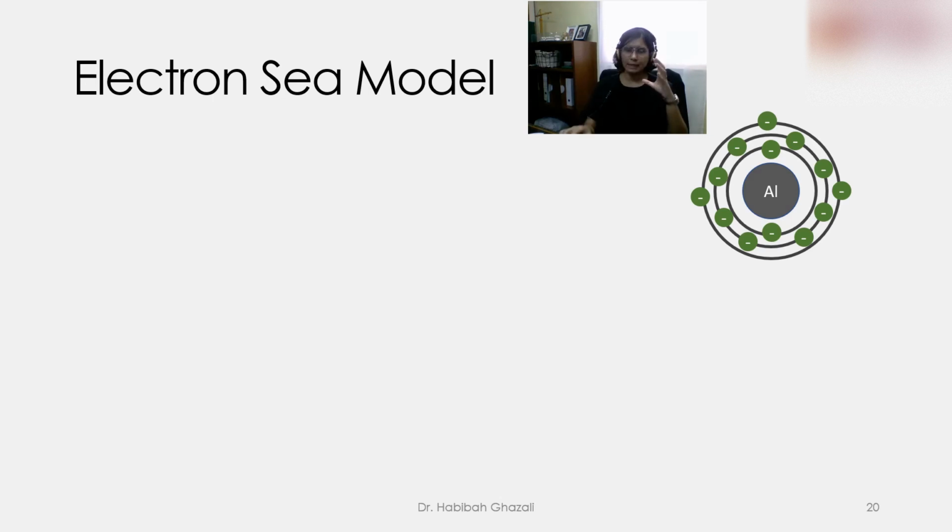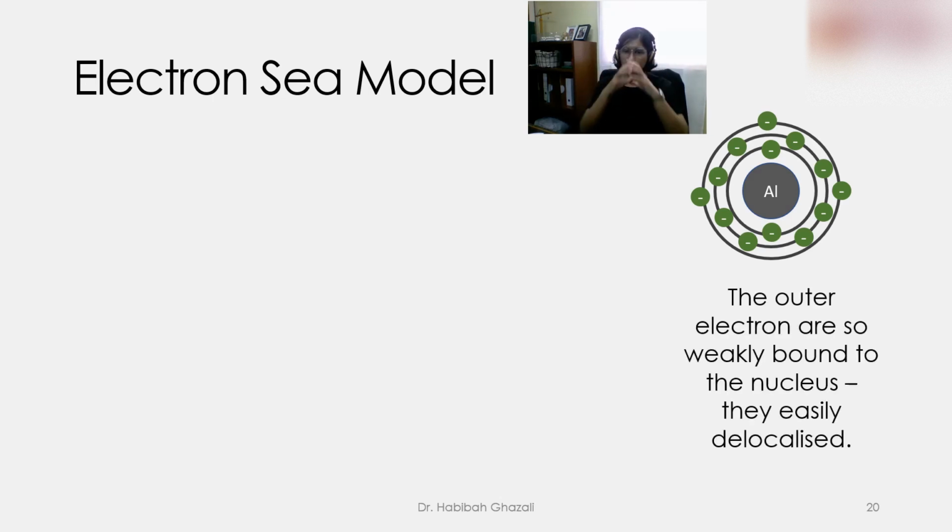They're weakly bound to the nucleus because of the shielding effect of the complete inner electron shell. So what will happen is they will delocalize themselves. They will detach themselves from these atoms.